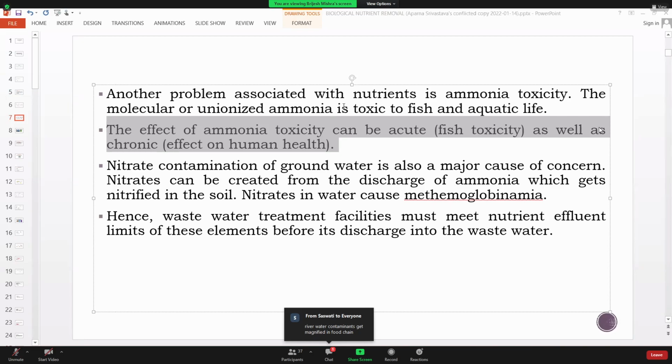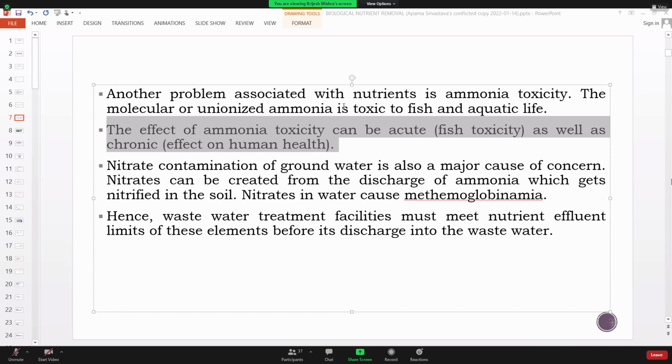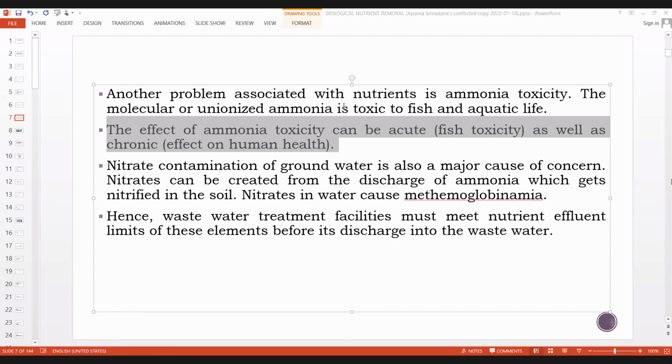Good answer, Swastis. The thing is that we are not going to drink more than 3 or 4 liters. So what will happen if river water has more than 10? Eutrophication problem is going to occur, and it is magnified, because if fish are there in the river, they are going to consume a lot of water every day, and that nitrate is going to accumulate in their body.